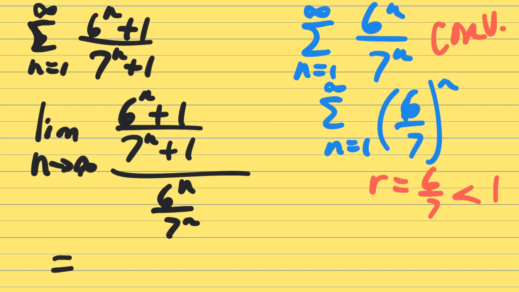And like the last example, this is a complex fraction. We can take top divided by bottom is the same as top times the bottom flipped over.